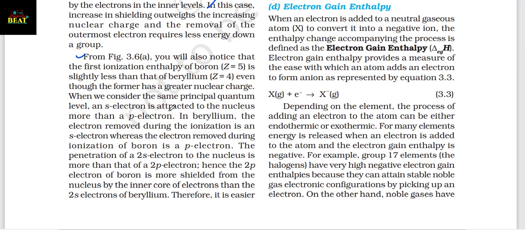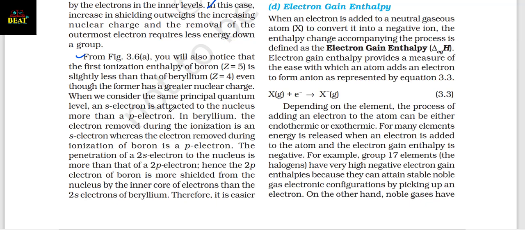Even though the former has a greater nuclear charge, when we consider the same principal quantum level, an s electron is attracted to the nucleus more than a p electron. In beryllium, the electron removed during ionization is an s electron, whereas the electron removed during the ionization of boron is a p electron. The penetration of a 2s electron to the nucleus is more than that of a 2p electron.